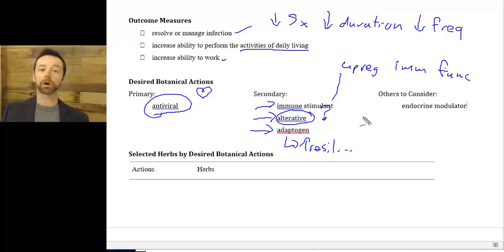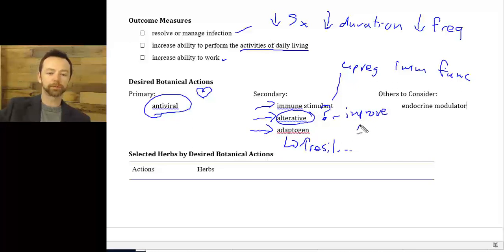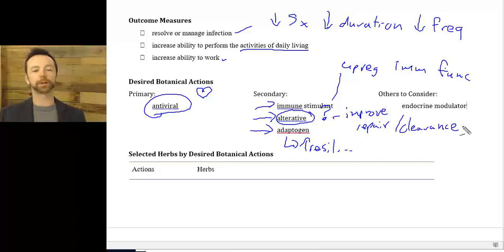The more chronic a condition, the more damage it does, either directly from the infection or as sequelae or consequence from that infection. So alterative is a way of trying to improve, I'm going to say improve repair, but it might be more accurate to say improve clearance. If there's a lot of inflammation that's generated, we want to help the body clear and move that through smoothly.